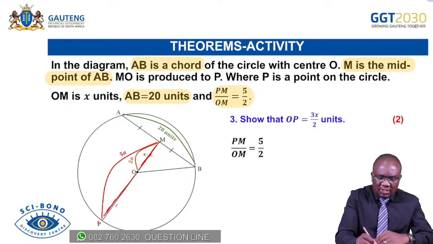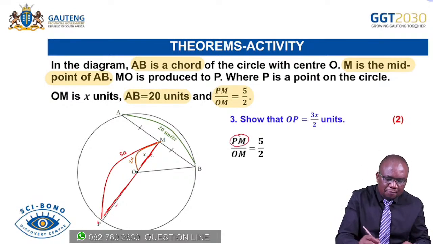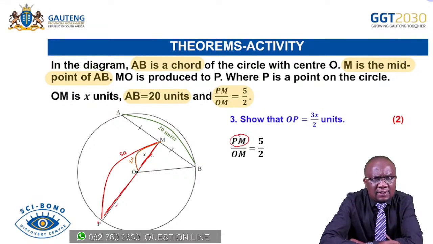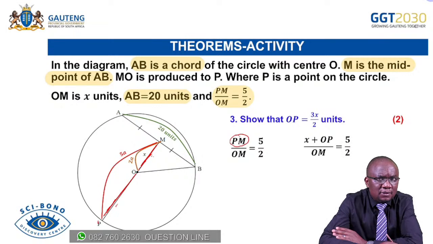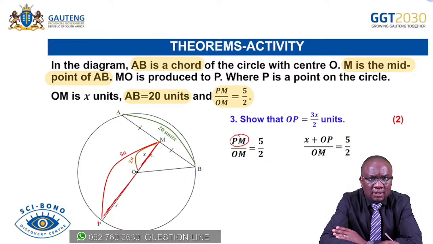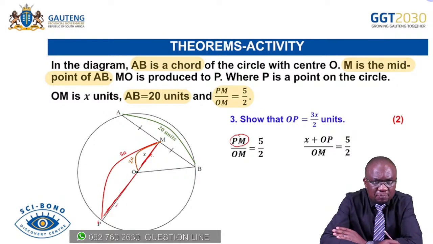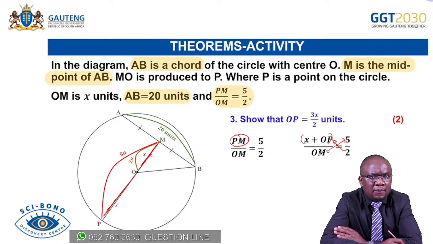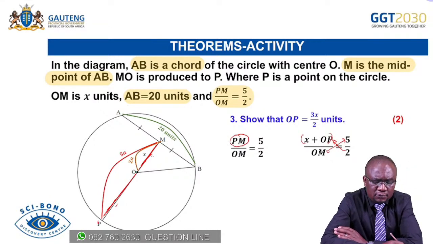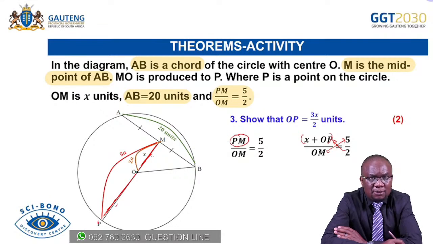So where there's PM, we can put OP plus x. And then what do we do after this? You can try to finish it off. You can cross multiply. Remember that. You multiply 2 times this. Remember to put this in the bracket. And then 5 times OM. Remember, OM is x. Right, try to be ahead of me.